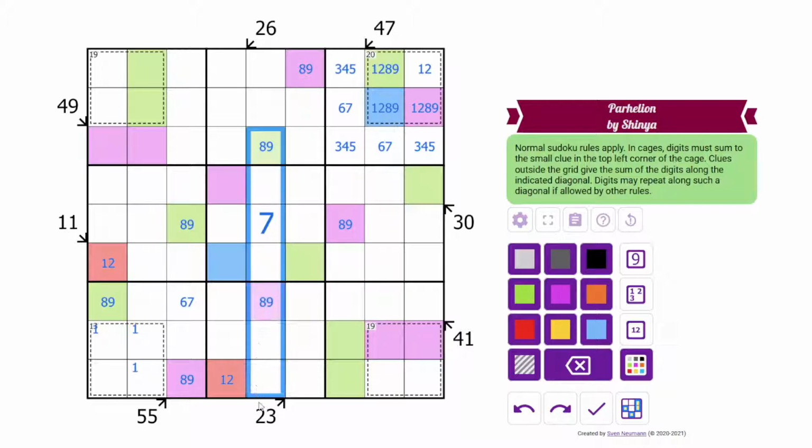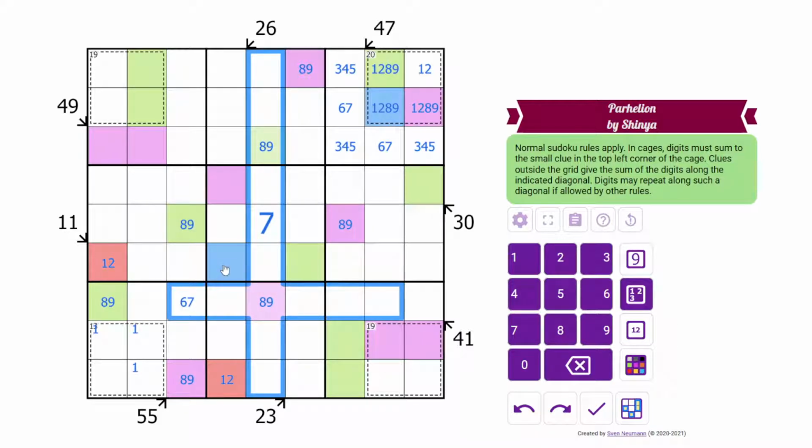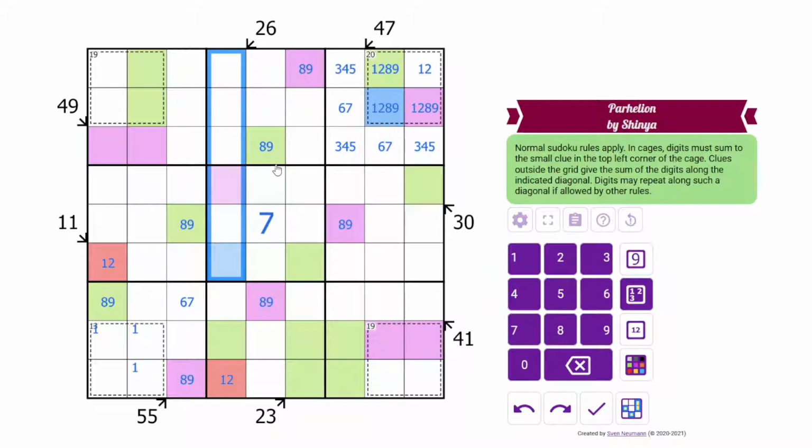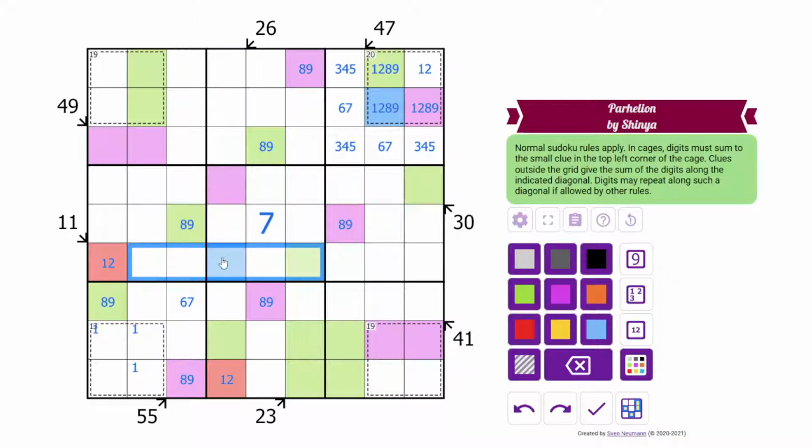Ah, this and this is guaranteed. Oh no, so this is guaranteed. This is guaranteed. One of those is guaranteed. Means those are the possible greens. Otherwise, that is purple.